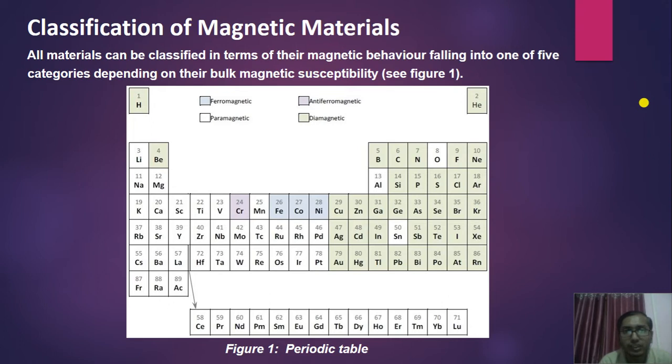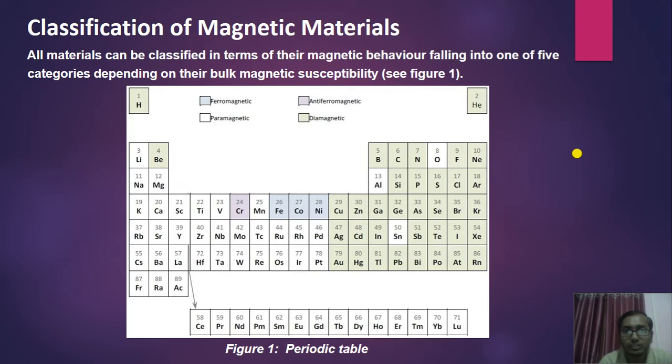As we all know, these are the elements which exist in our periodic table, and all of these elements fall into one of 5 categories according to magnetic behavior. As it is written, all materials can be classified in terms of their magnetic behavior, falling into one of 5 categories depending on their bulk magnetic susceptibility.